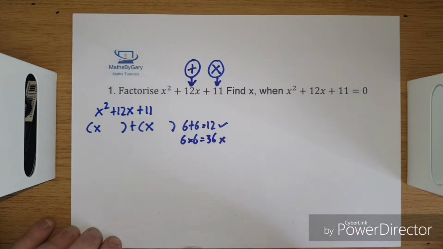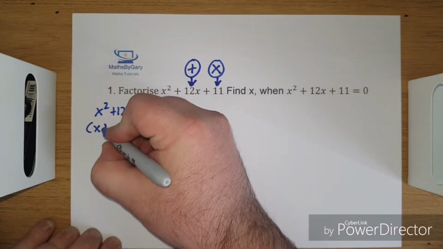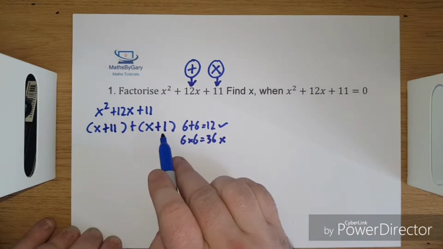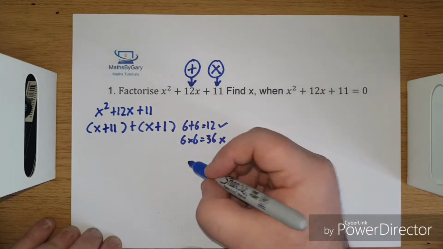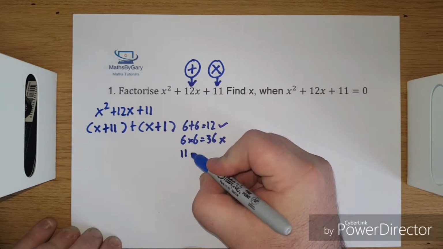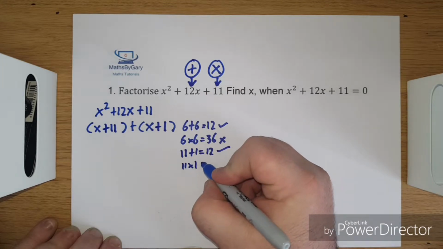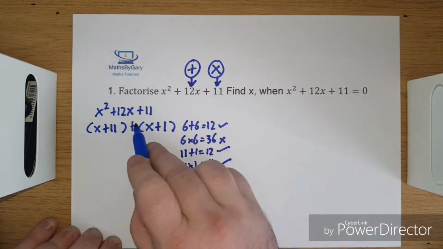So let's think, what about x plus 11, x plus 1. 11 plus 1 would give us the 12, which we require. So 11 plus 1 gives us 12, and then 11 multiplied by 1 gives us 11, which is what we want.